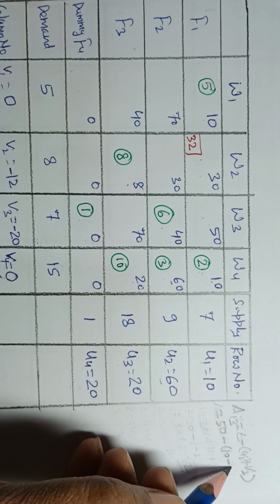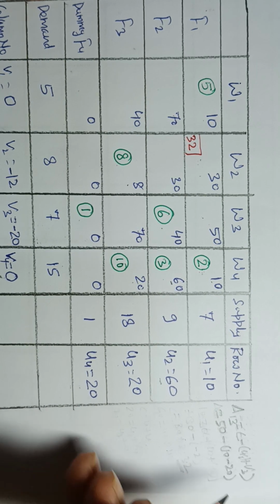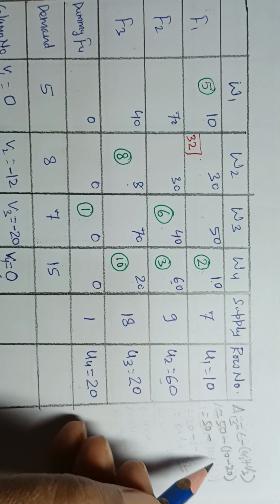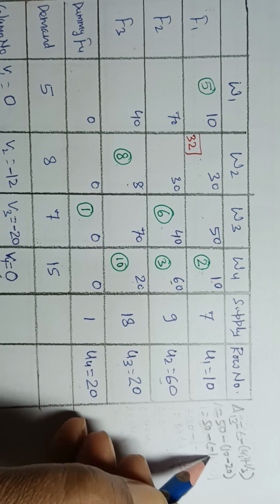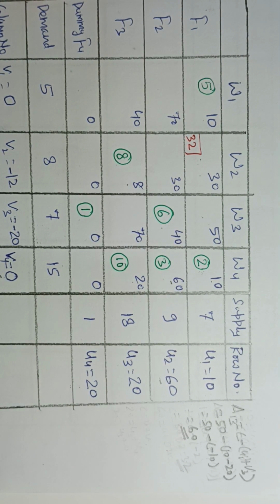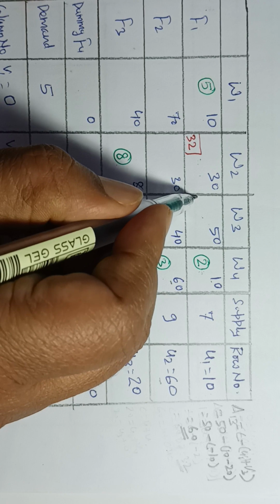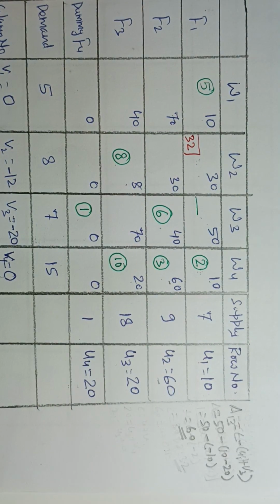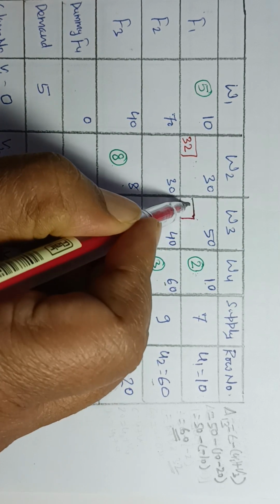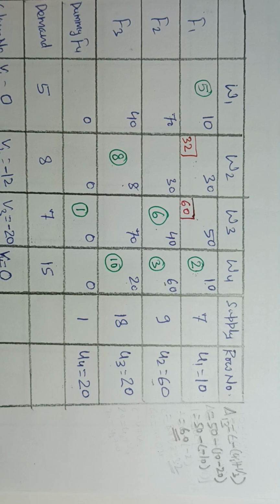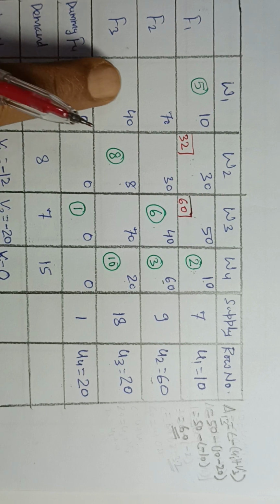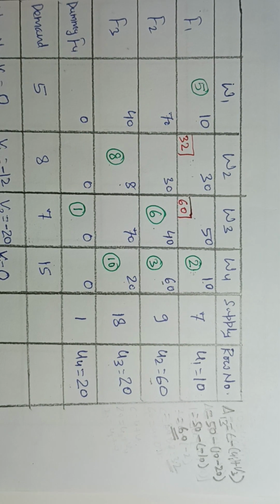So 50 minus 10 minus 20 will become minus 10. So minus minus 10 will be 60. So here I'll write opportunity cost 60.